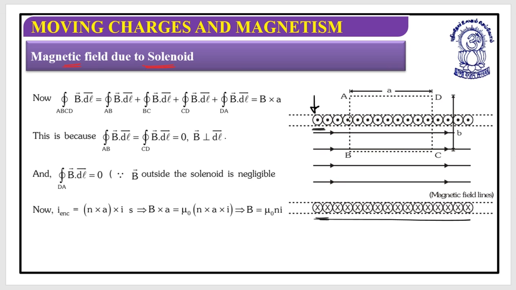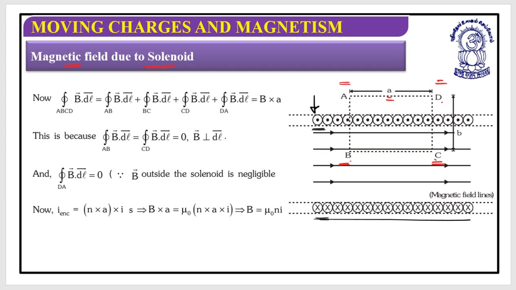From this current is going down, from this current is going up, and I have taken one Amperian loop that represents A, B, C, D. So it's A to B, B to C, C to D, and D to A, and the length of this loop is a. I hope this is clear.